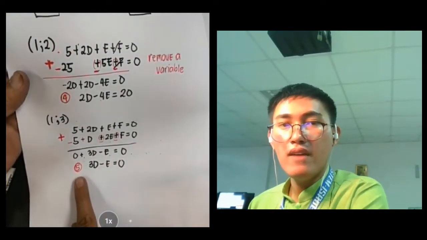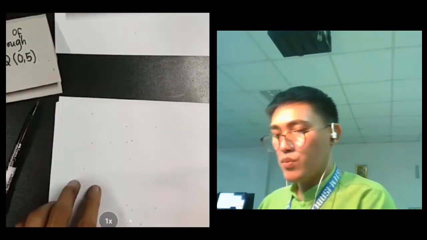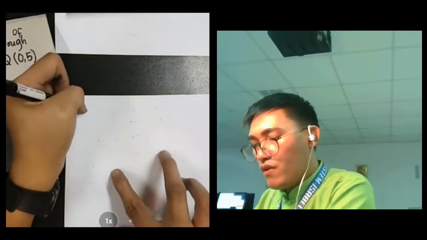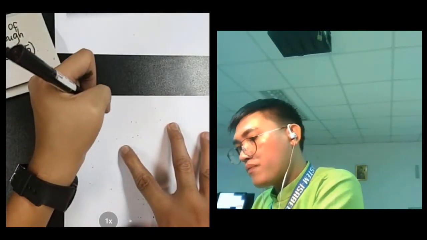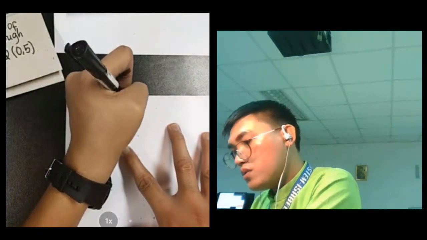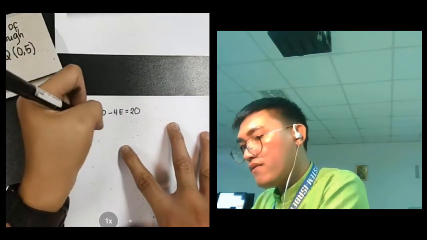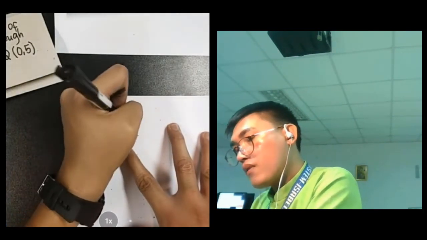For equation number 4, we have 2d minus 4e is equal to 20. For equation number 5, we have 3d minus e is equal to 0. Think of the variable which is very easy to remove.